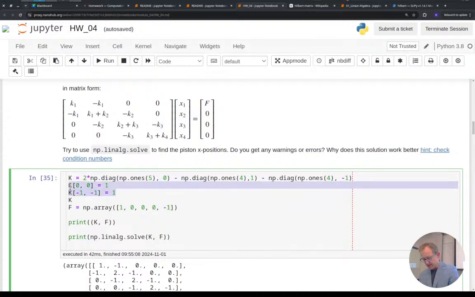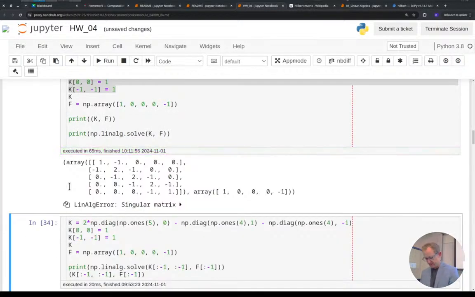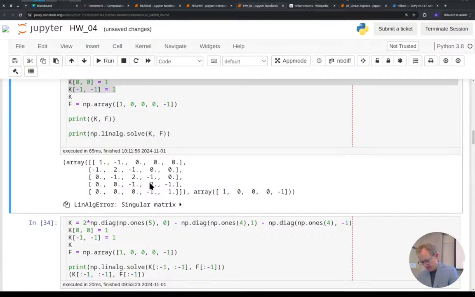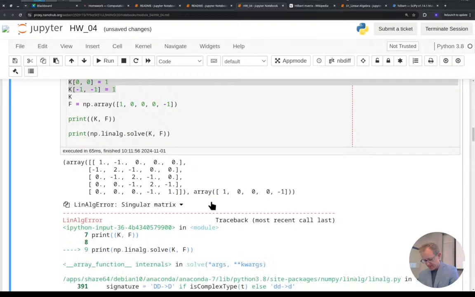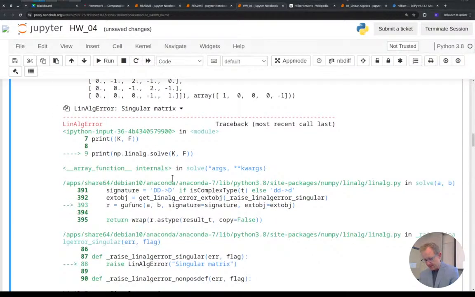And then just set the first and last values. And sure enough, when I create these two arrays, one is a 5 by 5, another one is a vector with 5 inputs, I get this big error saying, hey, you can't do that.